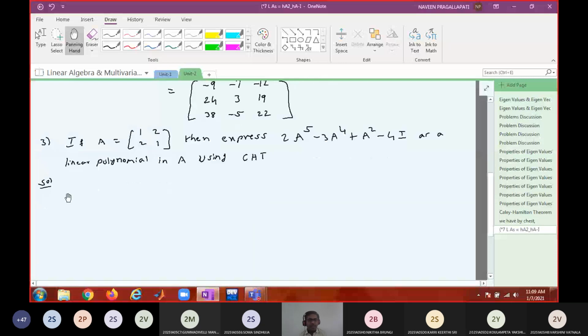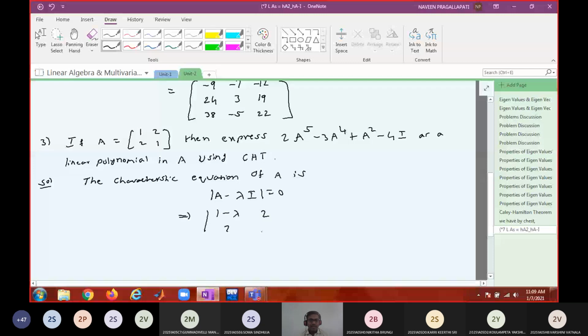Because you are asked to use the Cayley-Hamilton theorem, we need to find the characteristic equation first. So what is this characteristic equation? The determinant of [[1 minus lambda, 2], [2, 1 minus lambda]] equals 0.